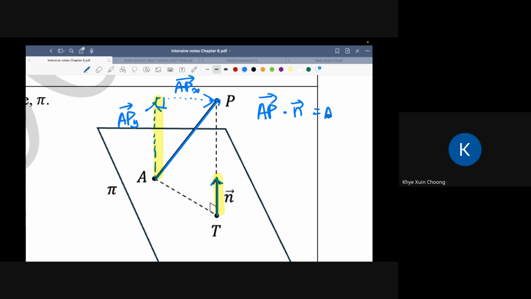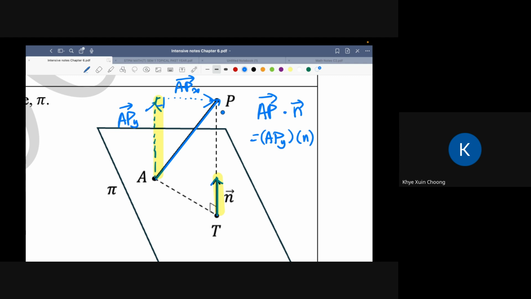So I write it as the magnitude of APY times the magnitude of N. Now, APY is the component of AP which is parallel to this.